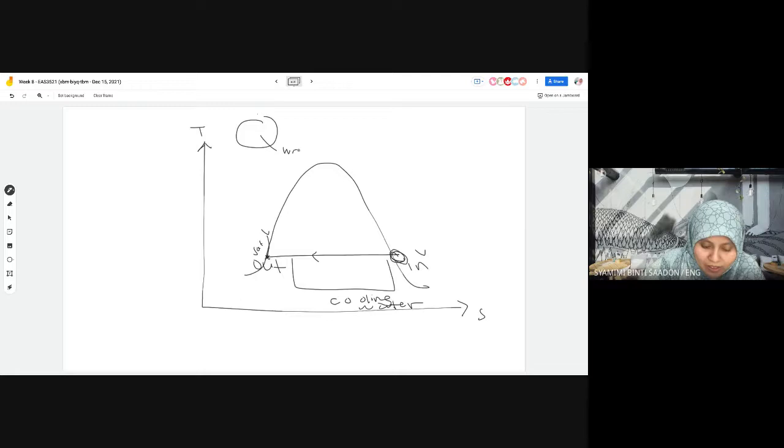We calculate from the water side, so Q water.